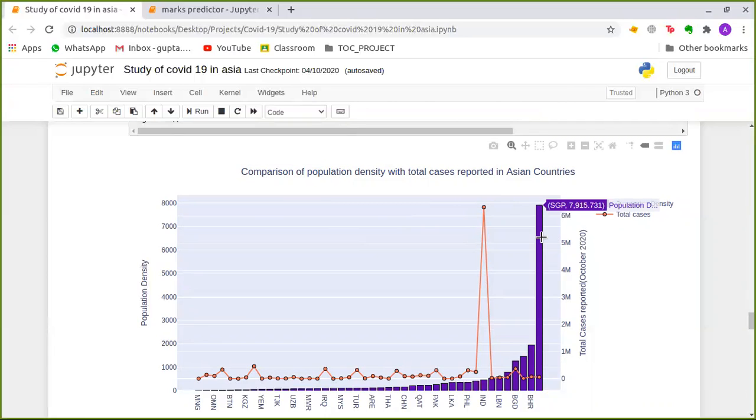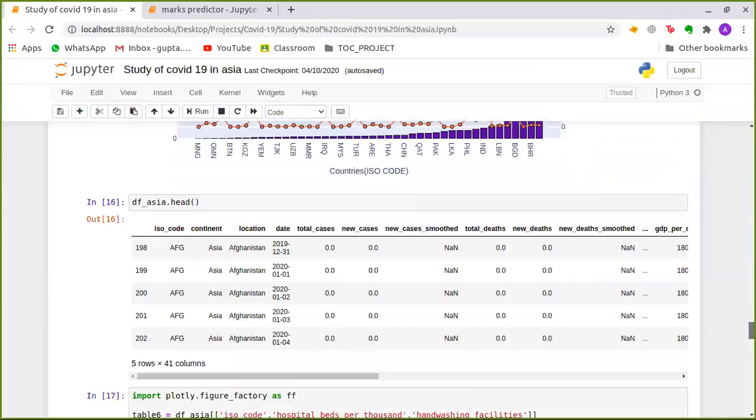But again, population density has nothing to do with the number of cases. For example, Singapore is the most dense country in Asia in terms of population, but the number of cases is very low. However, India has a much lower population density, still the number of cases is very high.